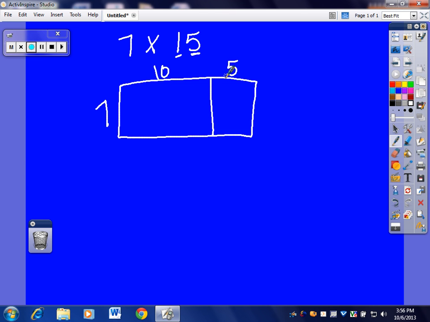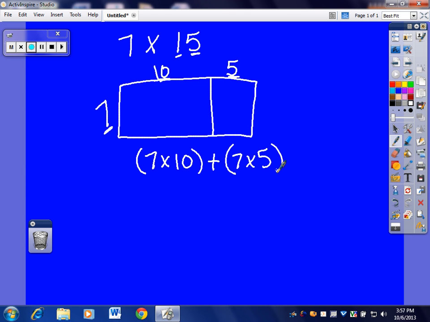So the first thing I'm going to do is multiply 7 times 10. So I'm multiplying this 7 times this 10. Then I'm going to multiply this 7 times this 5. Now that I've got it set up, this is the easy part.